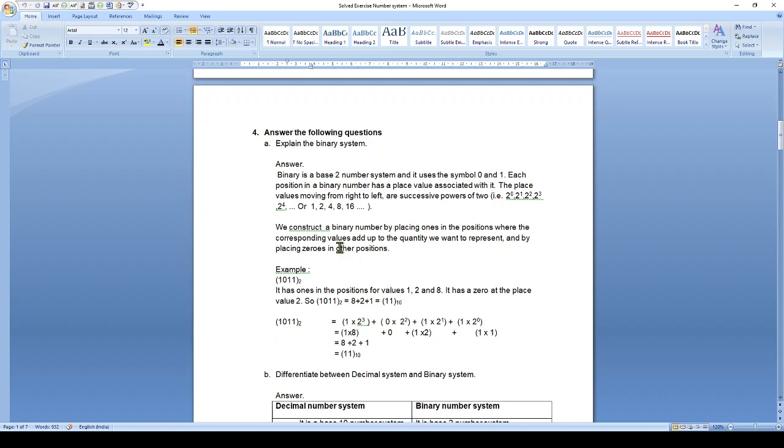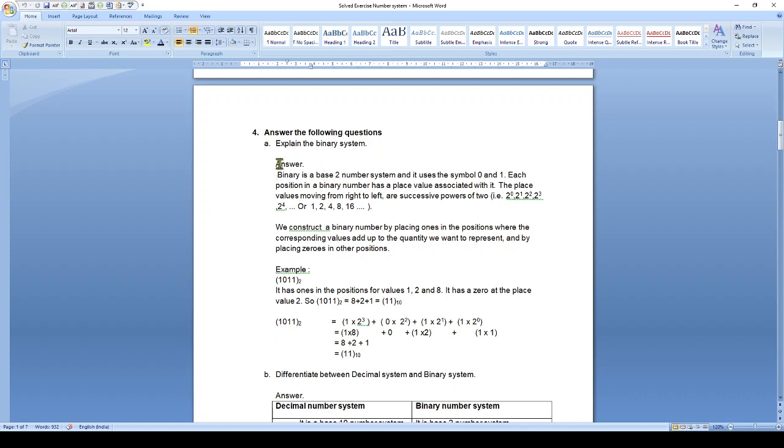While writing the answer, you have to give a short definition, and then you have to write about its base and how to represent numbers using the digits of the binary numbers, that is 0 and 1.